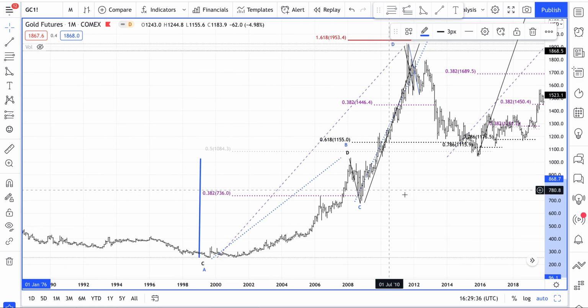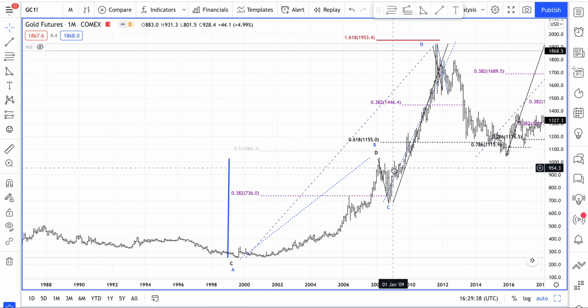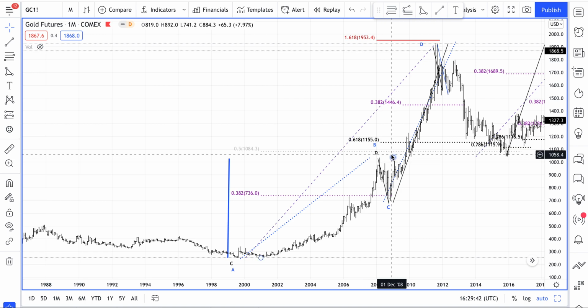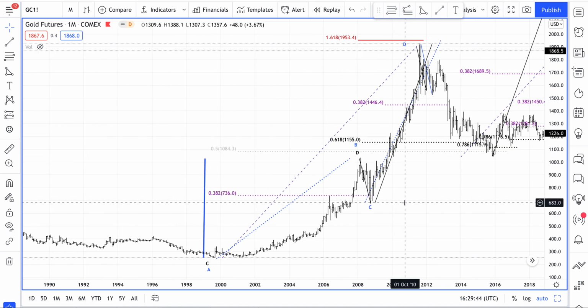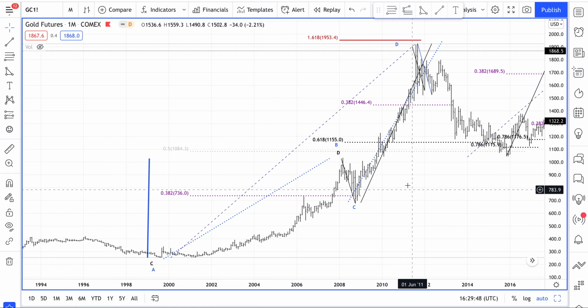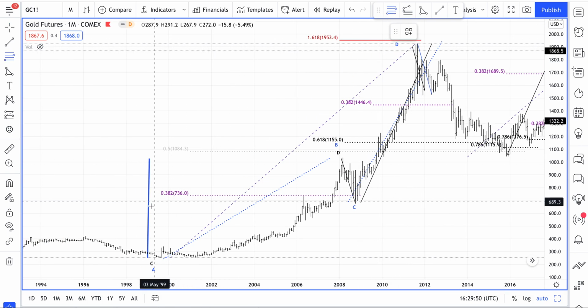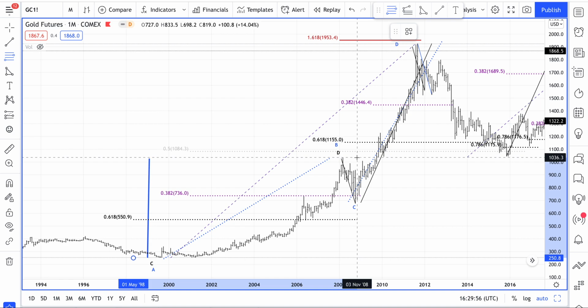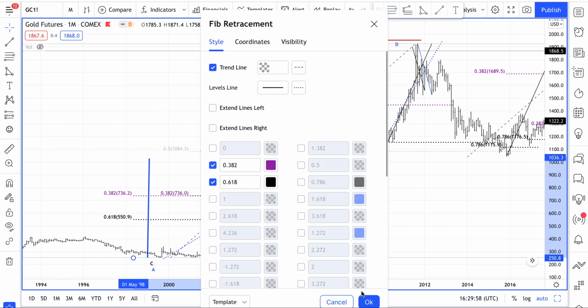Now when gold made this high back in March of 2008, it retraced down. So where did it retrace down to? We take out our Fibonacci tool and draw from the obvious low to the high reached, and we switch on our 38.2% retracement.